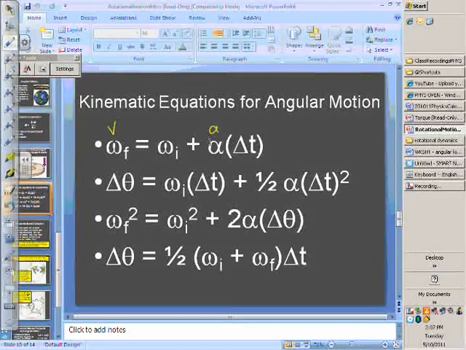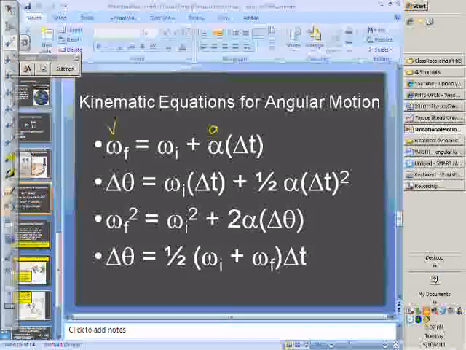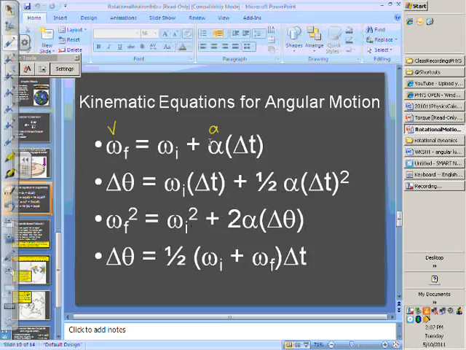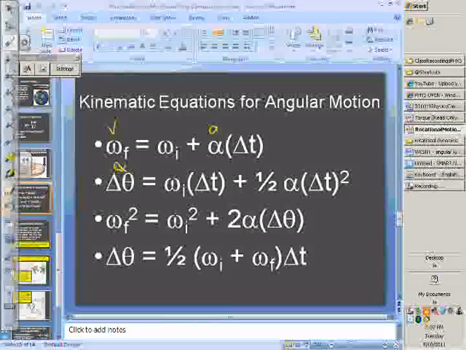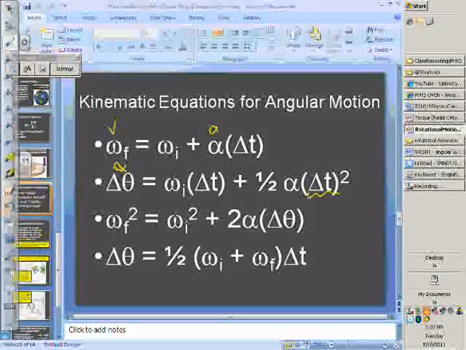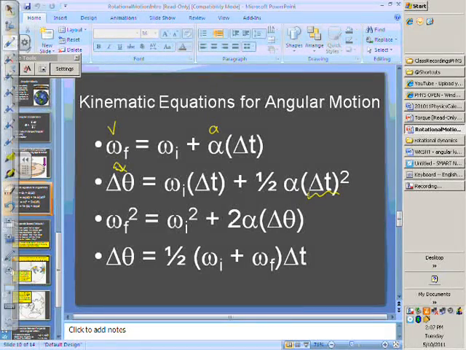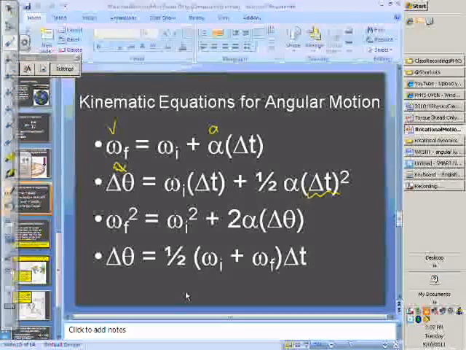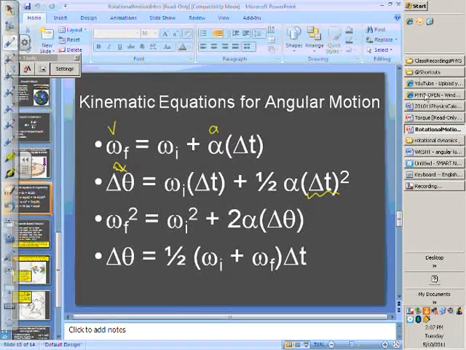So anytime that there's an a in one of our linear kinematic equations, there's going to be an alpha. Theta represented the displacement. So anytime there's a distance or how far did we rotate, that's going to be theta. And then time is just time. That doesn't change, depending on where we're going, rotation versus linear. Okay. Good with that?